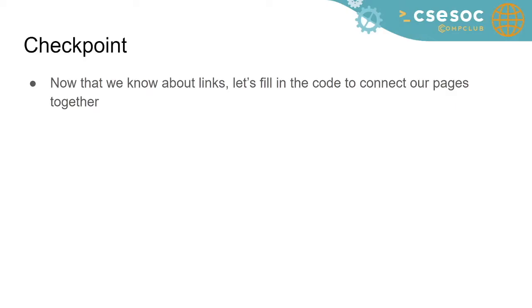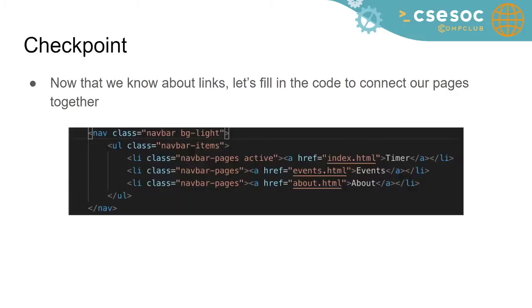This is a quick checkpoint to get you more familiar with the a tag and linking your different HTML files together. Below we have very intimidating code, but you don't have to worry about most of it. Hey Eric, what can we ignore from this code? The thing we can ignore is the classes.